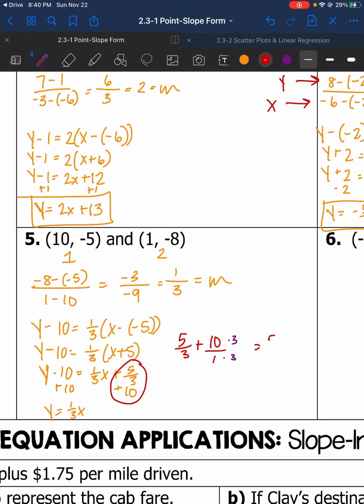So this is actually going to be 5/3 plus 30/3, which is equal to 35 over 3. So our final here should be 1/3 x plus 35 over 3.